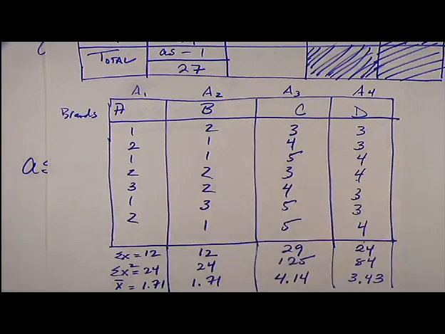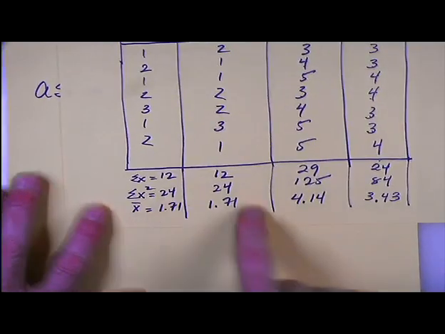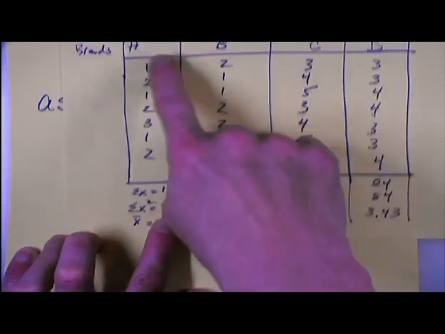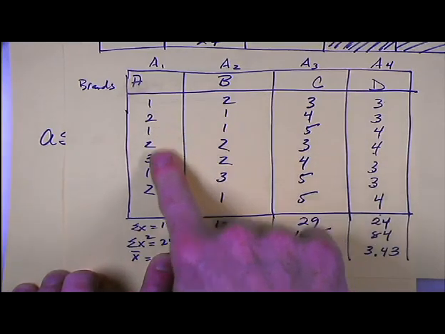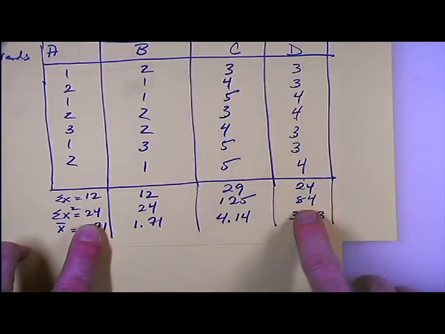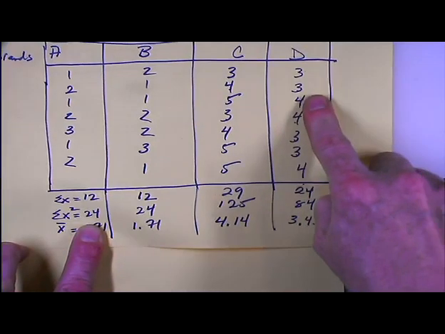But when we entered these in the individual columns, we already did that part, right? It's actually here. So 24 is 1 squared plus 2 squared plus 1 squared, and so on. This 84 is 3 squared plus 3 squared plus 4 squared.